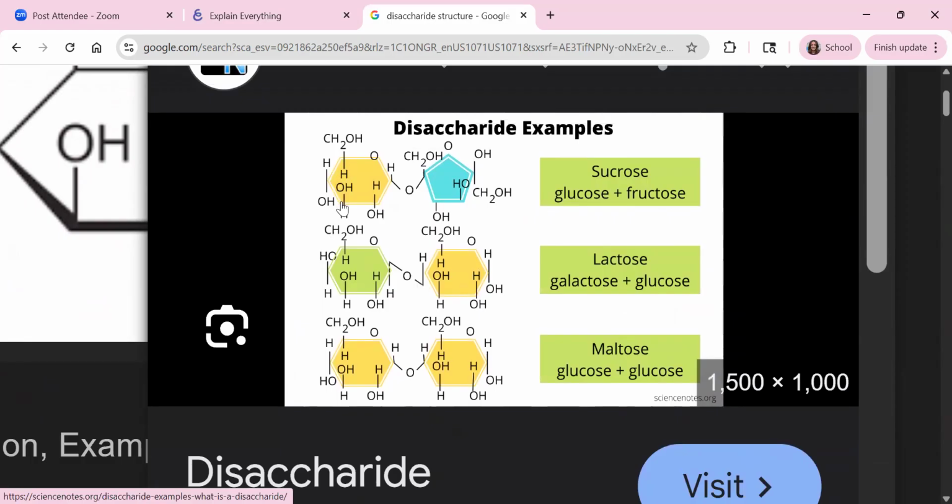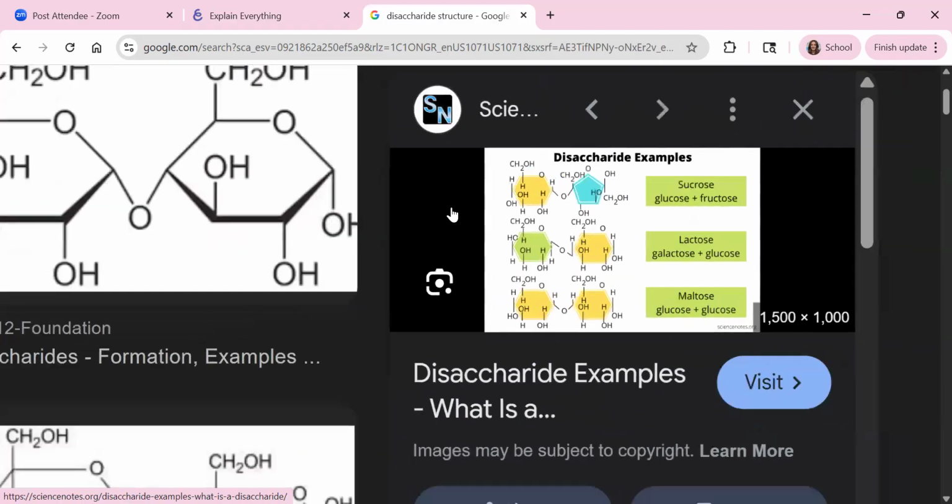Remember how we went over this as a hexose and this is a pentose? They basically just stick them together and that's how we make sucrose. Same thing with lactose. We have one right here, which is our galactose, and then we have a glucose. So know that galactose and glucose make lactose, or glucose and glucose make maltose. Those are some pretty common disaccharide examples.